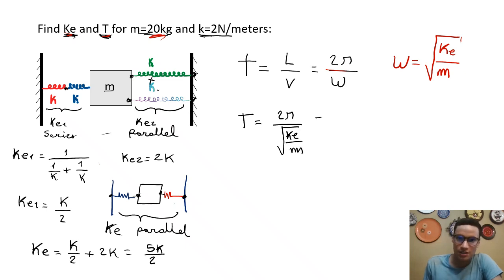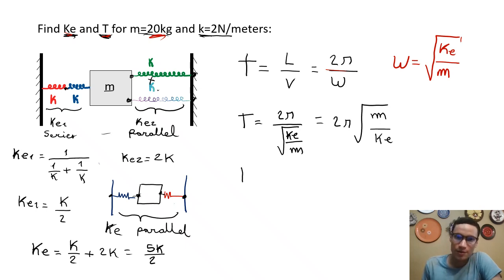We can rearrange this another way, in a simpler form, where we get rid of the division and we get m divided by K equivalent. Well, we know the value of K equivalent and we also know the value of m, right?